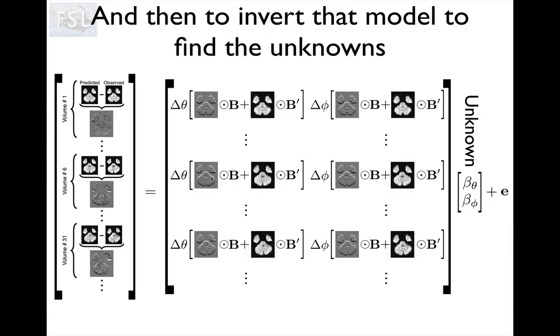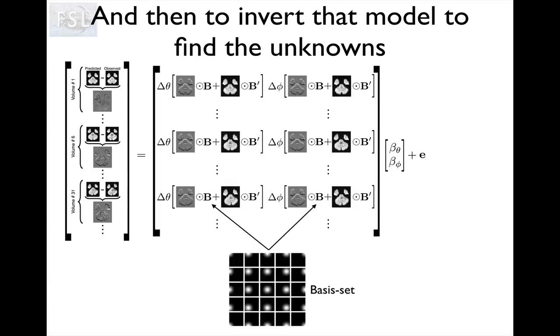And what we do is we simply set this up as an overdetermined system of equations, and because you have now seen so many talks about the general linear model, I just say that this is exactly the general linear model. So this is a design which essentially tells us the predicted causes of the difference, and here we have some unknowns. These unknowns are the parameters of a basis set that is used to model these unknown fields, and the basis set we're using is simply a set of splines.